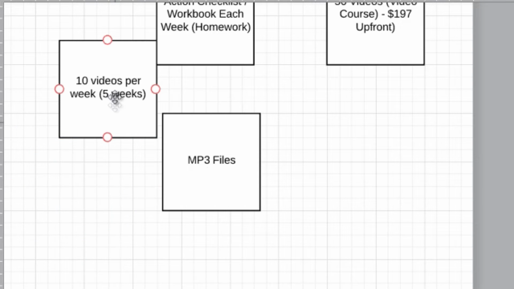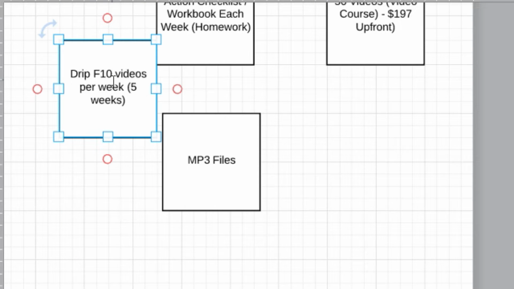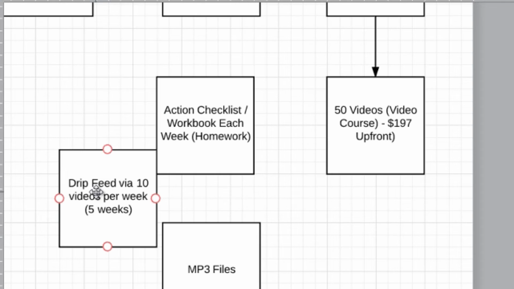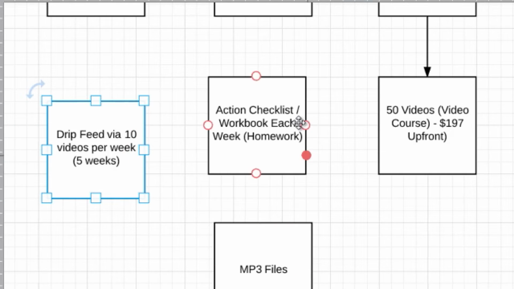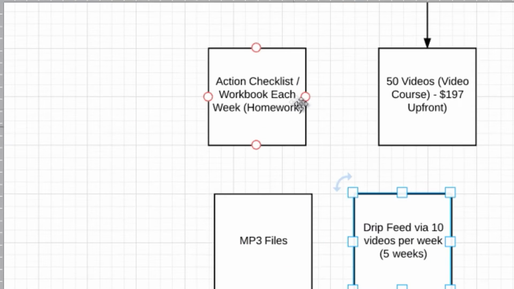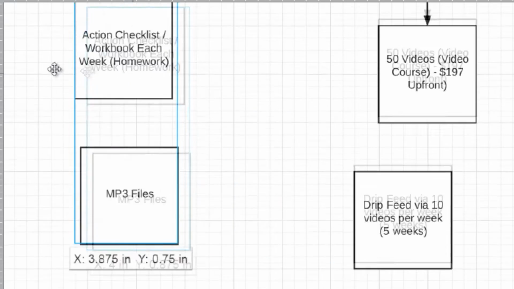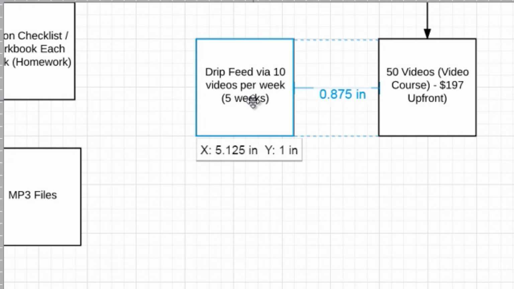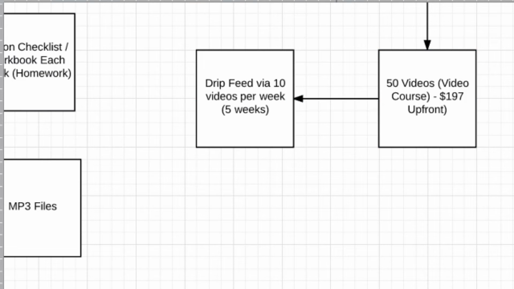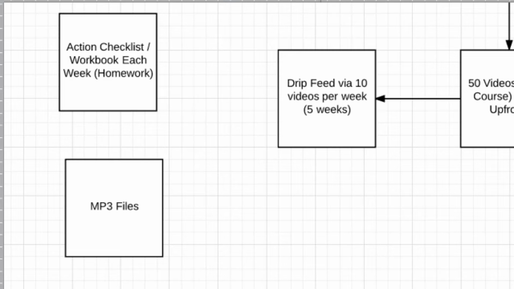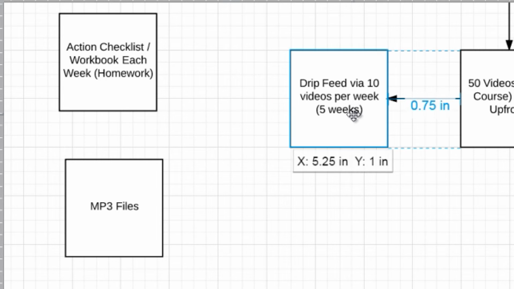I don't need this. I can consolidate it into here. So I'm actually going to move this over here like that. There we go. So we're going to drip feed it via 10 videos per week.